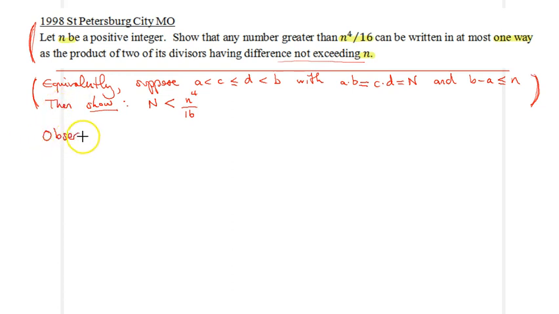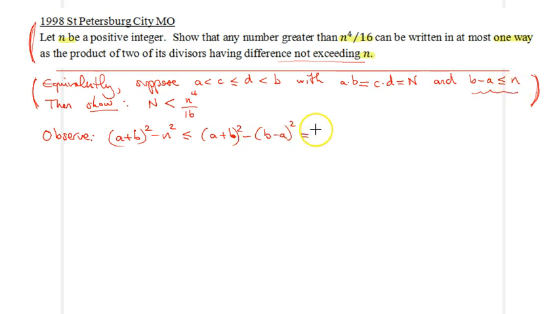Observe that, first of all, if you look at the following difference of squares, a plus b squared minus n squared, that's definitely less than or equal to a plus b squared minus b minus a squared, and this inequality follows from this condition here.